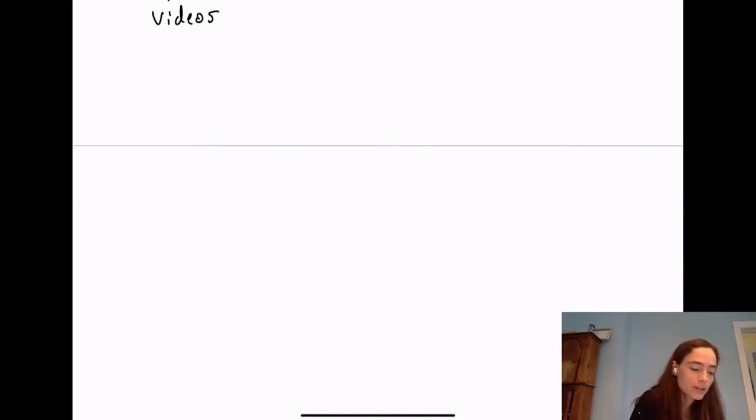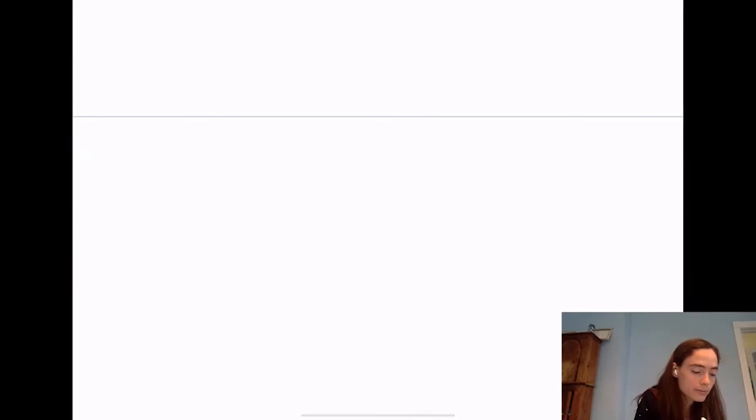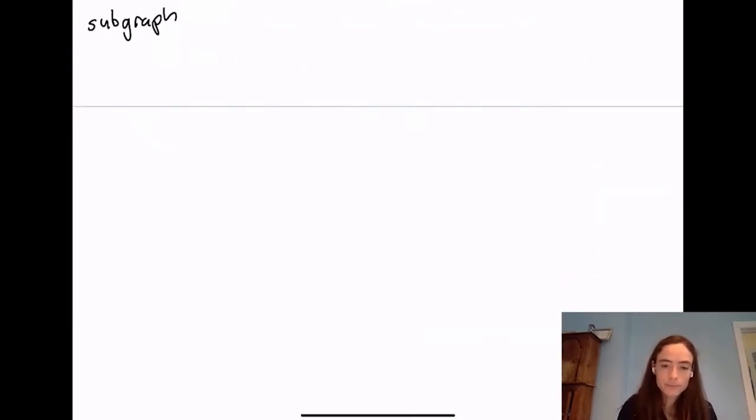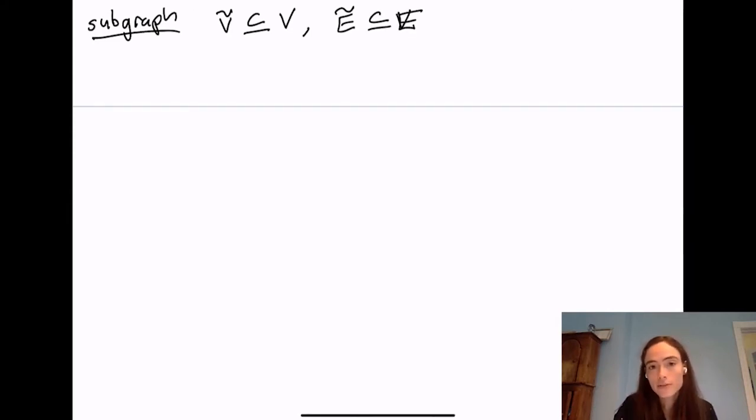So first, a subgraph of a graph G is defined by its vertex set. It's a graph whose vertex set is a subset of the vertices of the original graph, and its edge set is also a subset of the edges of the original graph. And the caveat here is that for an edge to be in the subgraph, both the vertices corresponding to the edge must be in the subgraph's set of vertices.